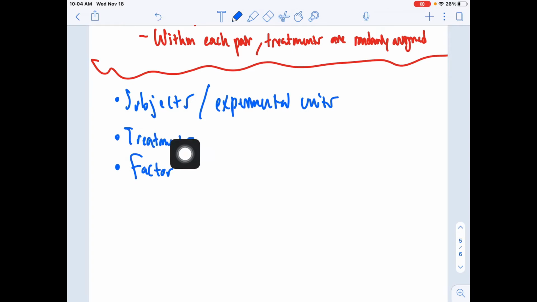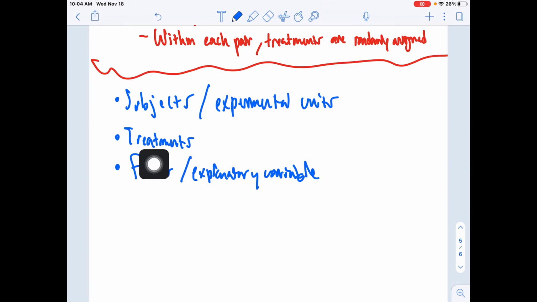One group is sleeping with the TV on, the other group is sleeping with the TV off. The factor, or the explanatory variable, is whether or not the TV is on. So these two are related. The factor is the TV. The treatments, we have two different types of treatments in that case.